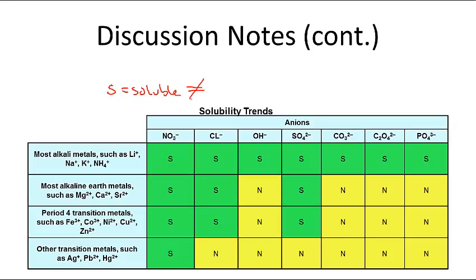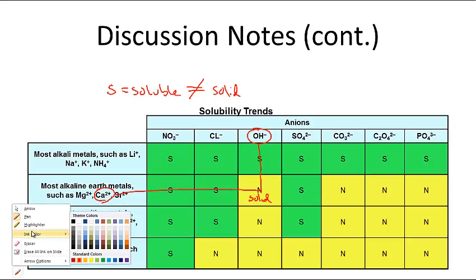It does not equal solid. So S means that it will dissolve. N means it will not dissolve. So if you put a solution with calcium together with a solution of hydroxide, you come here and you say, oh, a solid is formed.